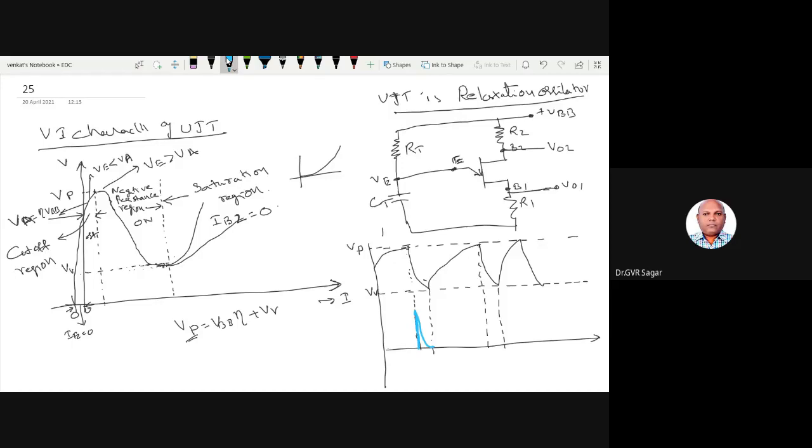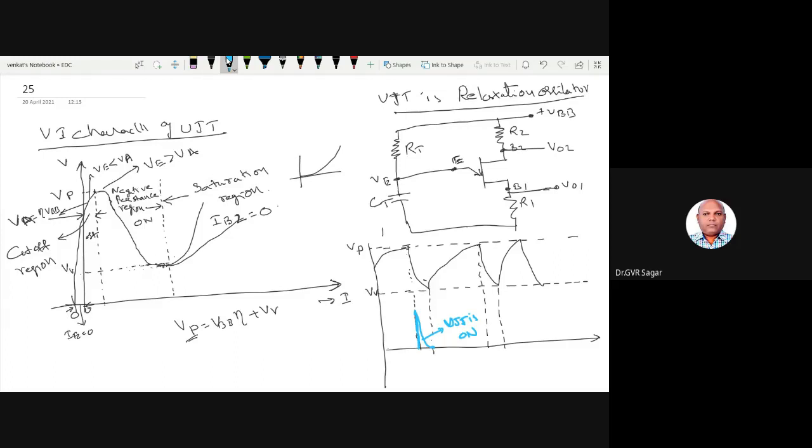Decreases to the valley point. So in this region UJT is on. After crossing this voltage, the UJT is immediately switched off again because it is reaching the valley point.